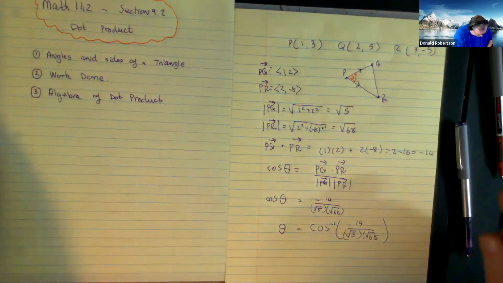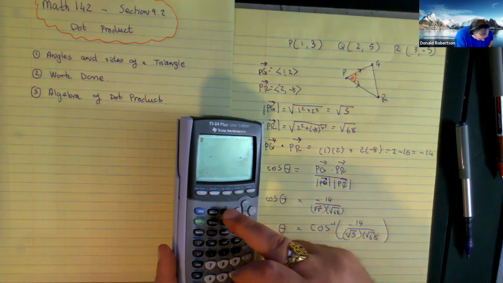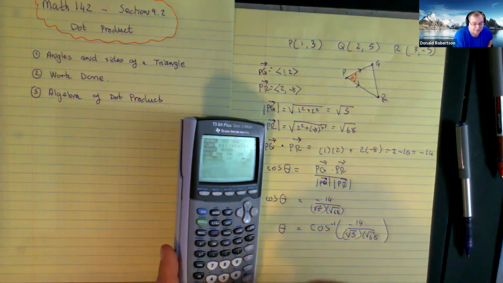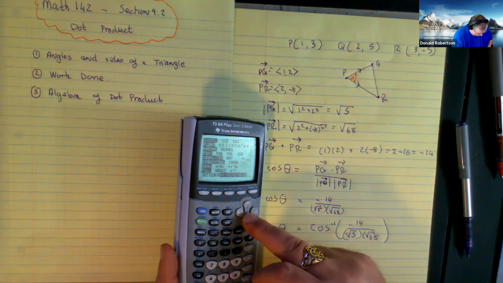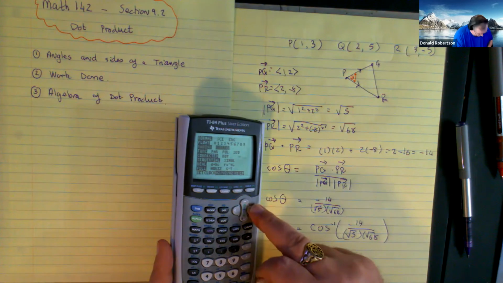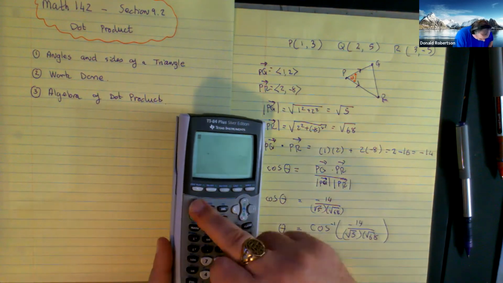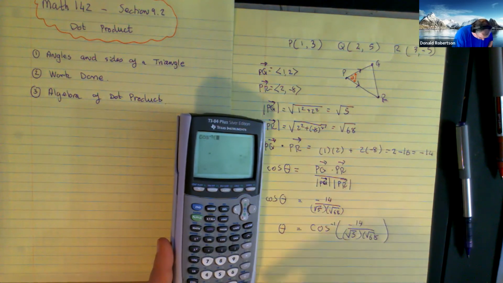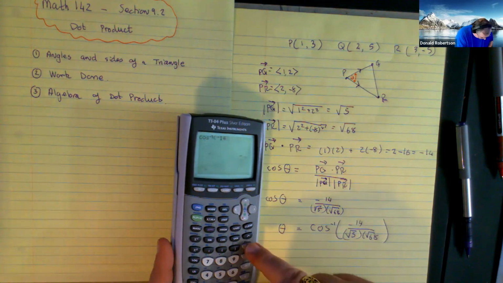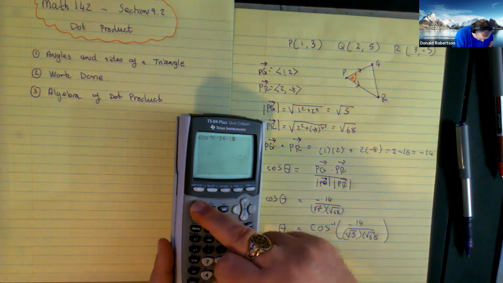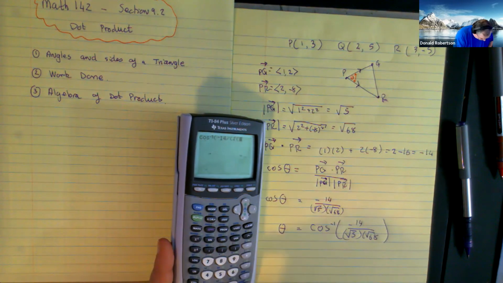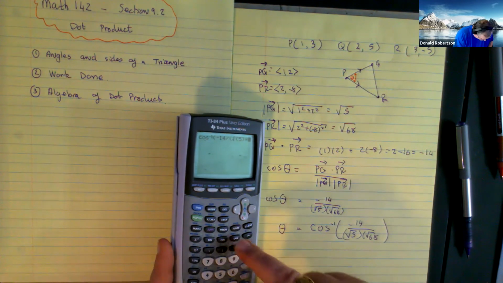So I'll make sure my calculator is in the right mode. And if you notice, it's in the wrong mode. It should be in degrees. Now I can do inverse cosine. -14 divided by square root of 5 times the square root of 68.